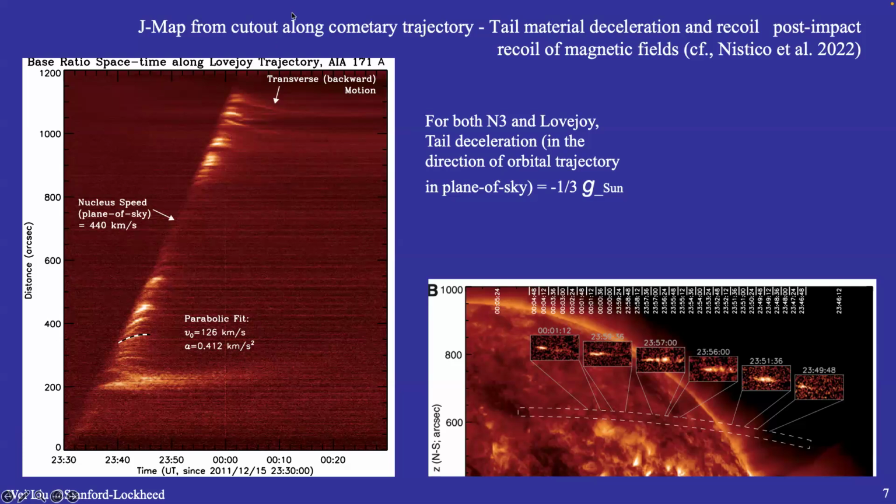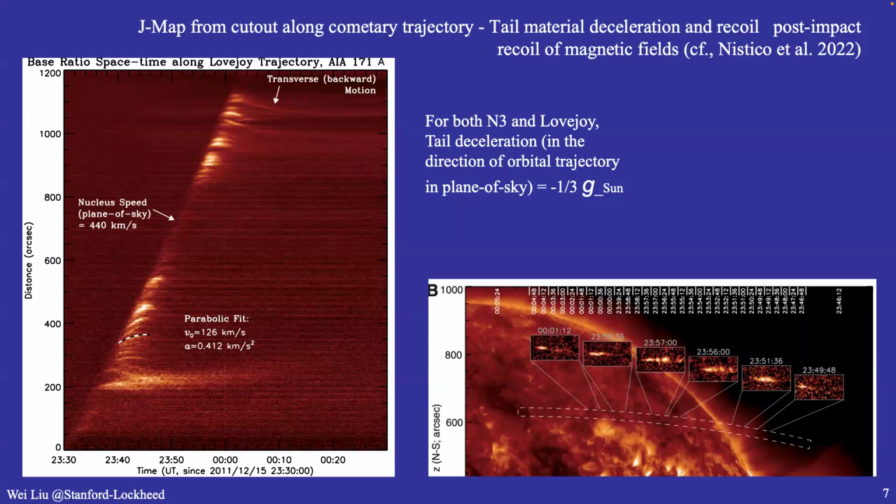This very steep slope at very constant speed is the nucleus velocity, on the order of the escape velocity of the Sun, which is about 618 kilometers per second on the surface of the Sun, but higher in the corona is roughly about 600 kilometers per second. On top of that, you see those feather-like materials, what you saw from the movie.